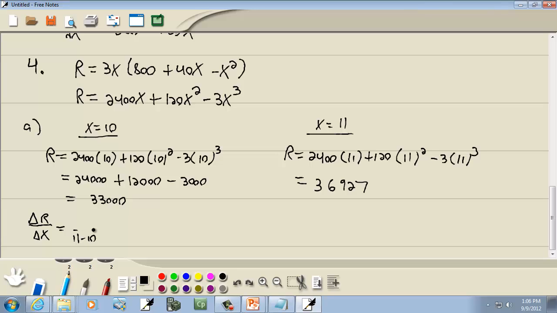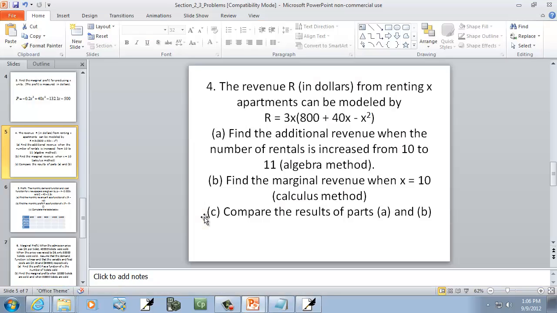That's 11 minus 10. And top here would be 36,927 minus 33,000. That gives us 3927. That's the first part.